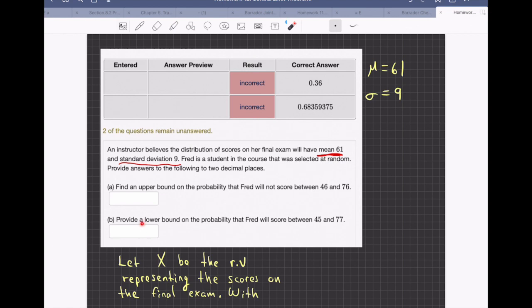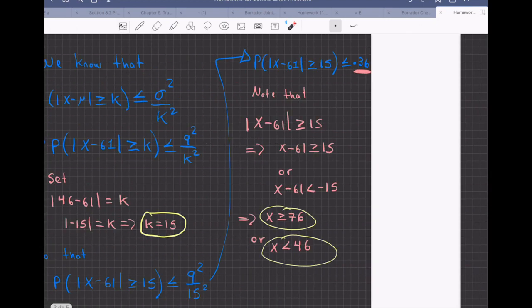Next question. Provide a lower bound on the probability that Fred will score between 45 and 67. Again, we will have to use Chebyshev's inequality. In this case, we're using the lower bound.